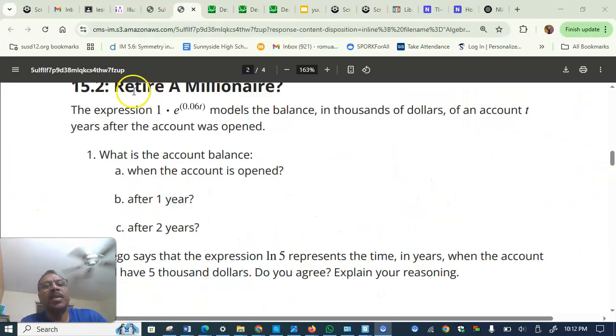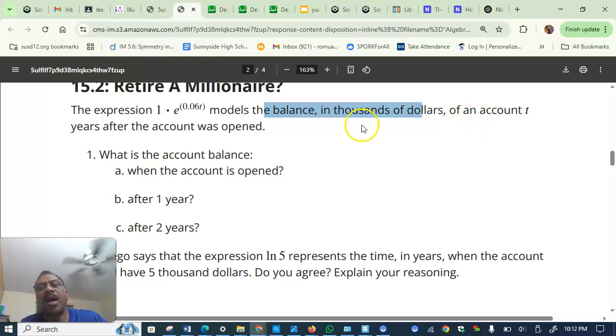Okay, question number 2 says retire a millionaire. It means when you want to retire, do you want to get millions of dollars? Let's take an example expression. The expression 1 times e raised to 0.06t models the balance in thousands of dollars of an account t years after the account was opened.